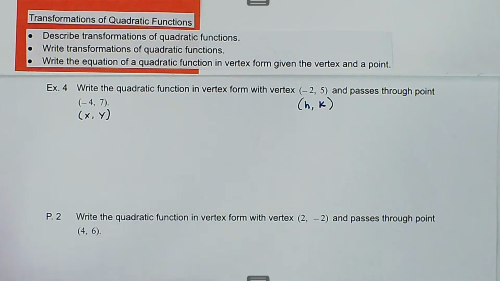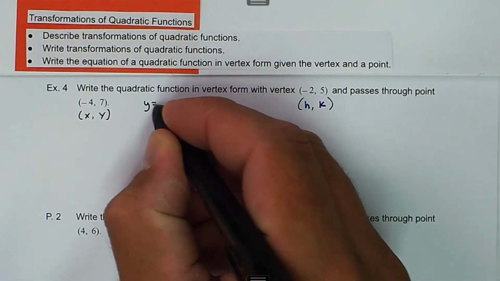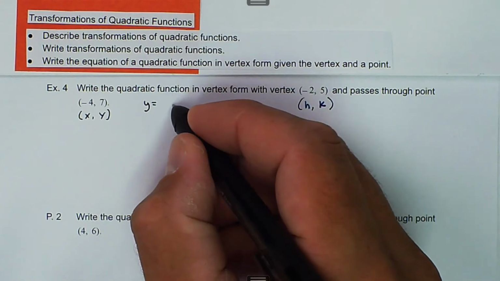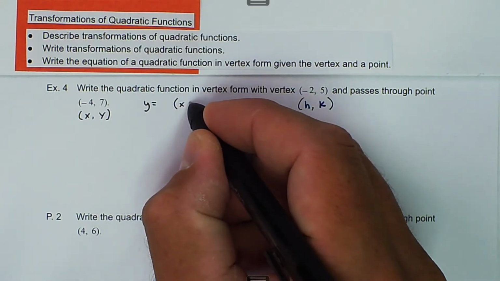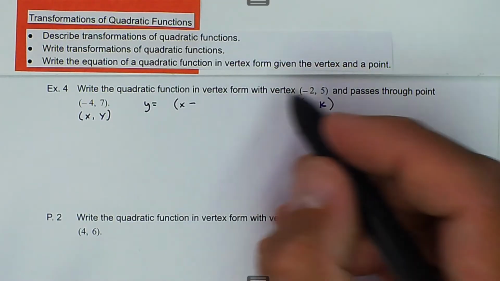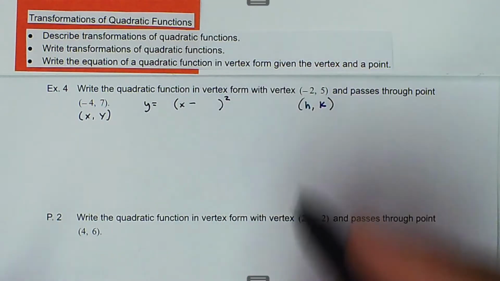So in order for this to work, we have to have our equation in vertex form. So our equation is going to be y equals some a times x minus h quantity squared plus k.